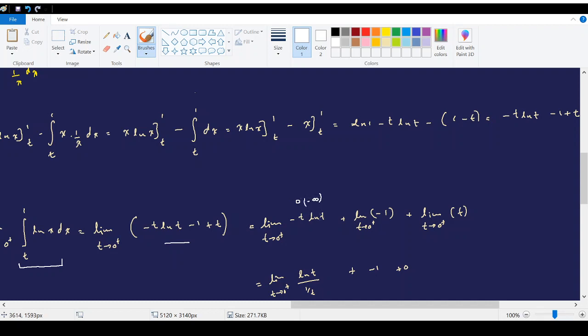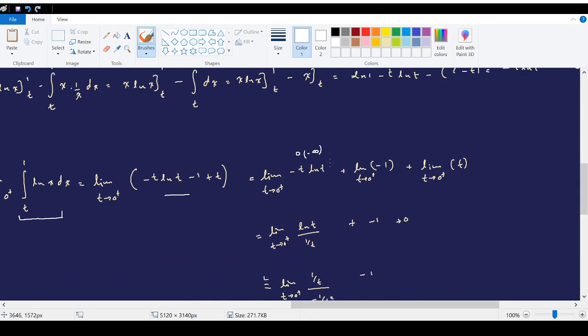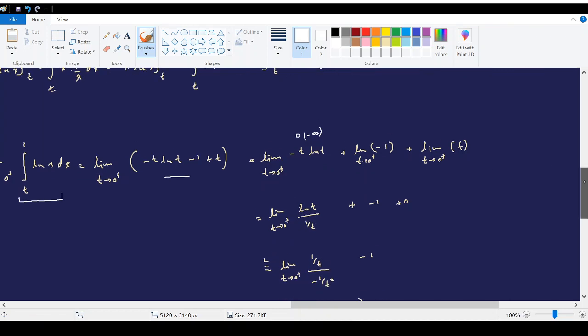indefinite situation. So if you have such a situation, we can use L'Hopital's rule, and to use L'Hopital's rule, we need the expression in the form of a fraction. So I write t times ln t as ln t divided by 1 over t.